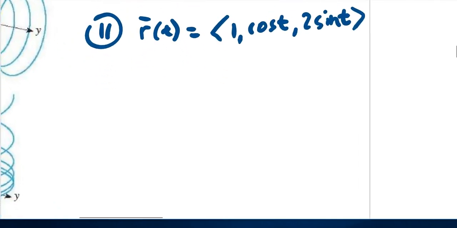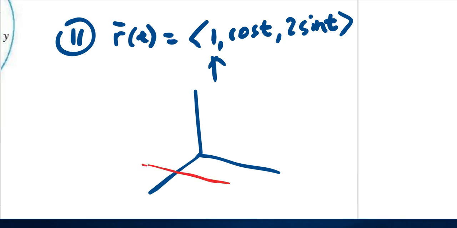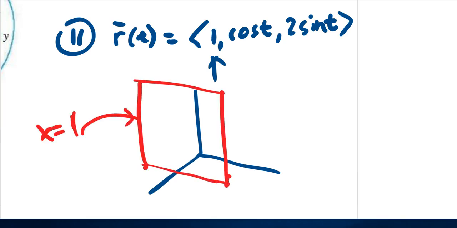So what's happening here is x is always 1. So in the x, y, z axes, x is always 1. So whatever this thing looks like, it lies in the plane x equals 1. Remember, that's this line x equals 1 in 2 dimensions.